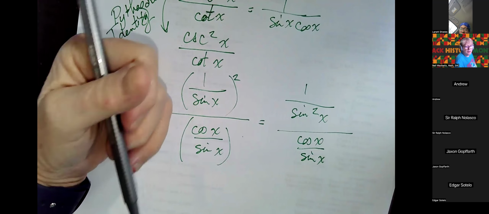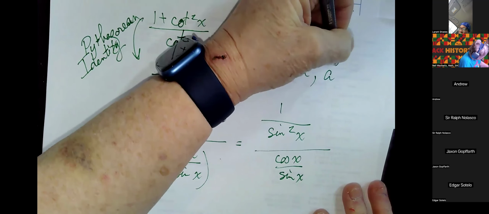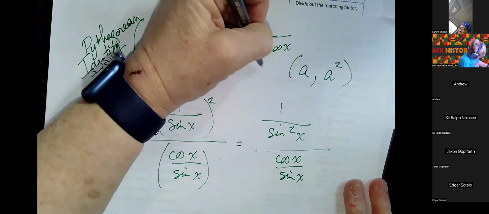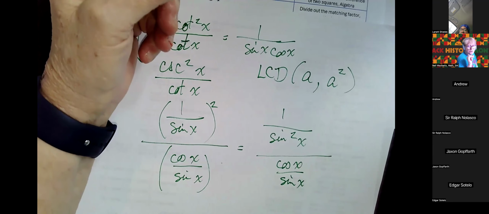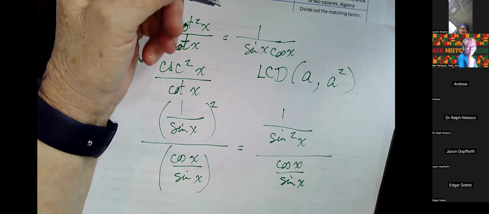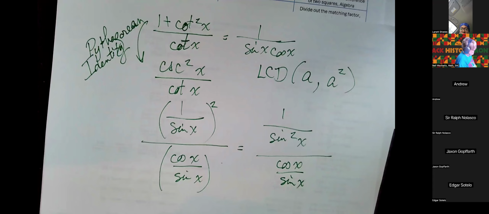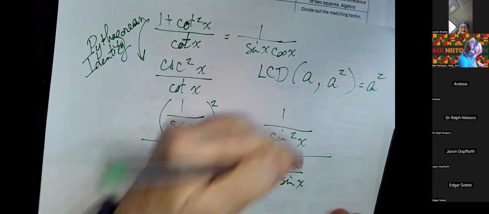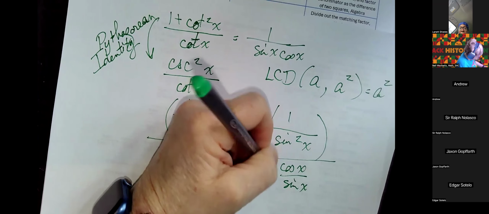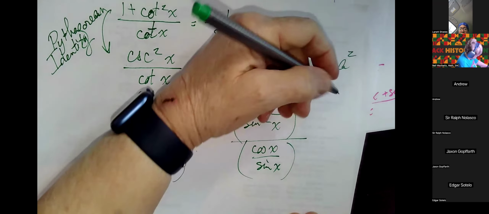If I have a and a squared, what is the least common denominator? A. That's the greatest common divisor. That's what they have in common. So the least common denominator is always bigger. So a squared. Good. That means I can multiply numerator and denominator by sine squared x.